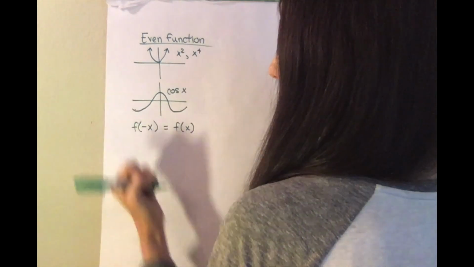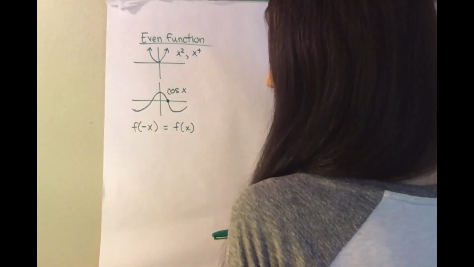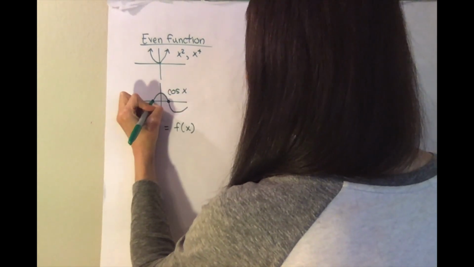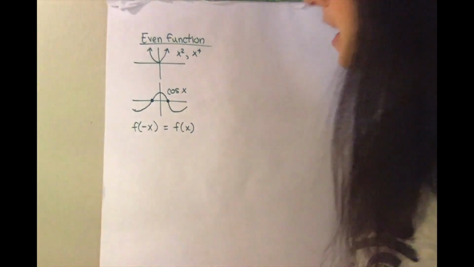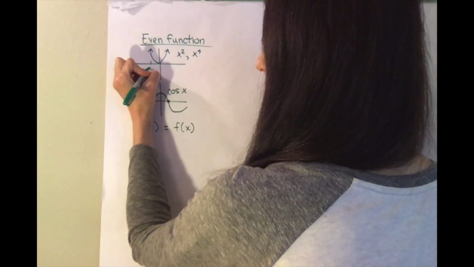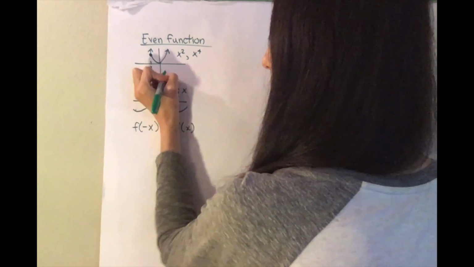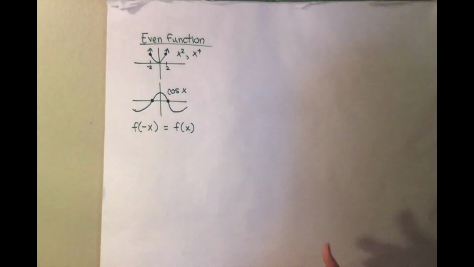So when you input, say, pi over 2 into the function, that's equal to the output when you input a negative pi over 2. Or if you input a negative 2 into a function, you get the same output as if you were to input a positive 2.